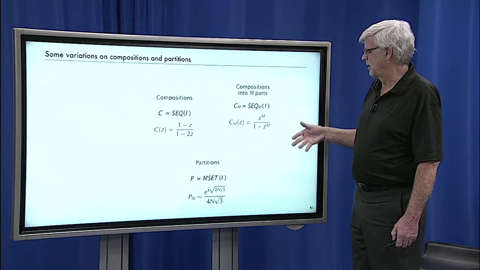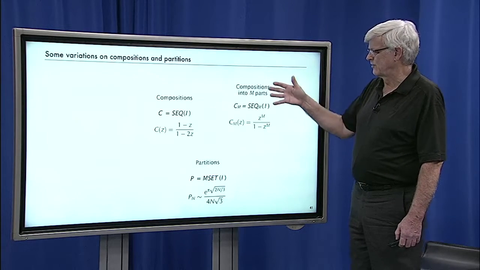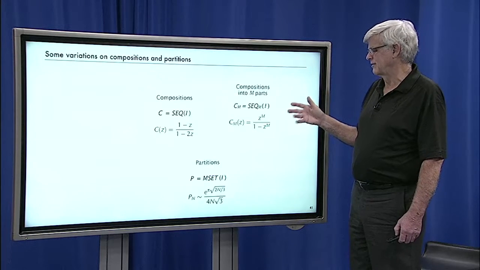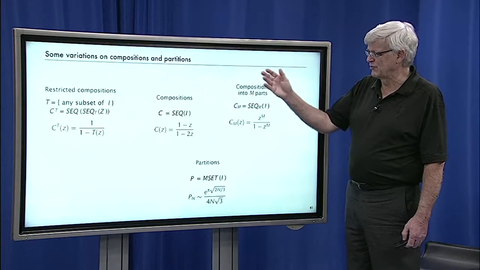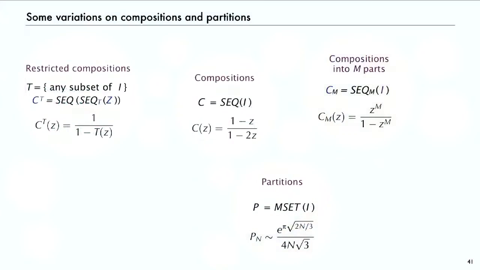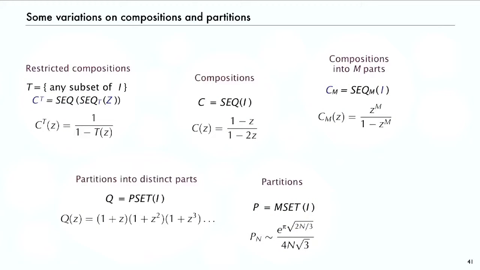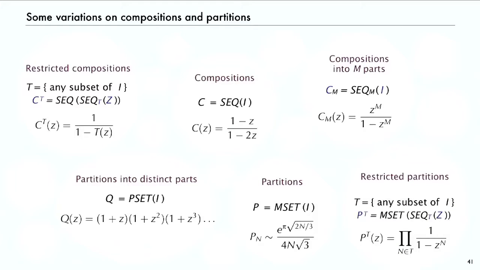And for these types of problems, you can consider, say, compositions into m parts, or restricted compositions where you don't allow all the integers, just some subset of the integers. Same with partitions. You can do partitions into distinct parts, or restricted partitions where you can take, again, any subset of the integers, and all different kinds of problems ensue from considering these things.